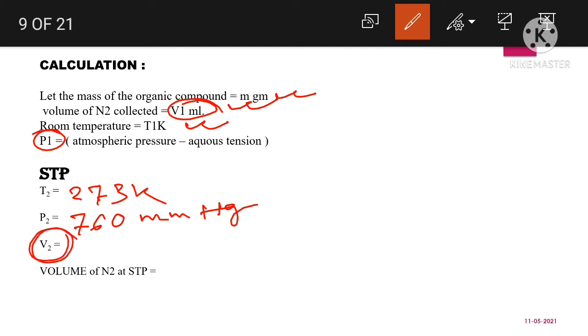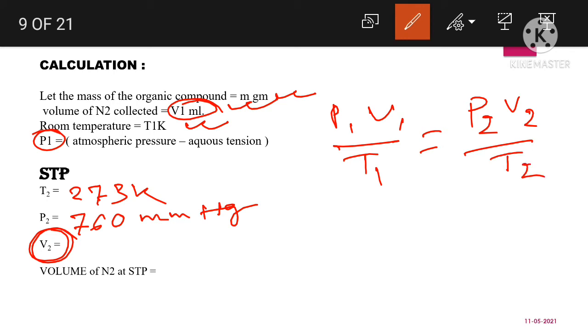From our childhood we have come across this equation: P1 V1 by T1 equals P2 V2 by T2. We have to calculate V2.